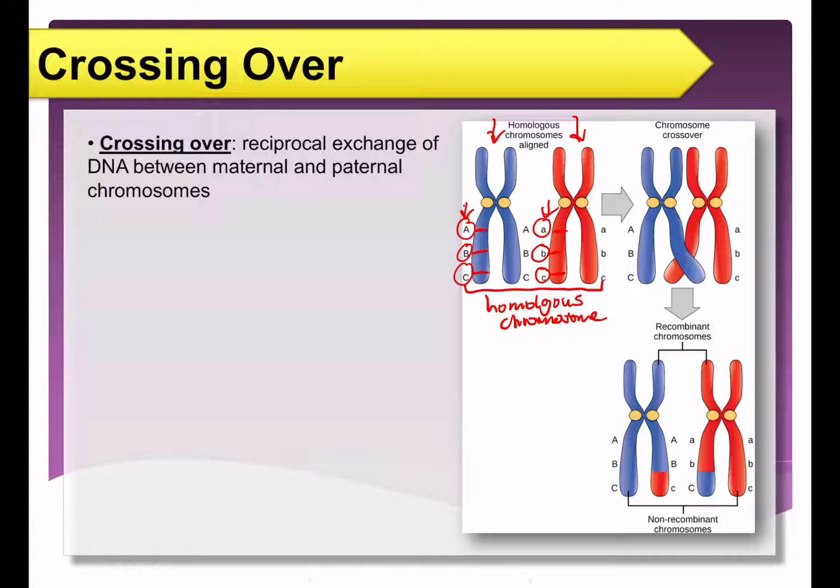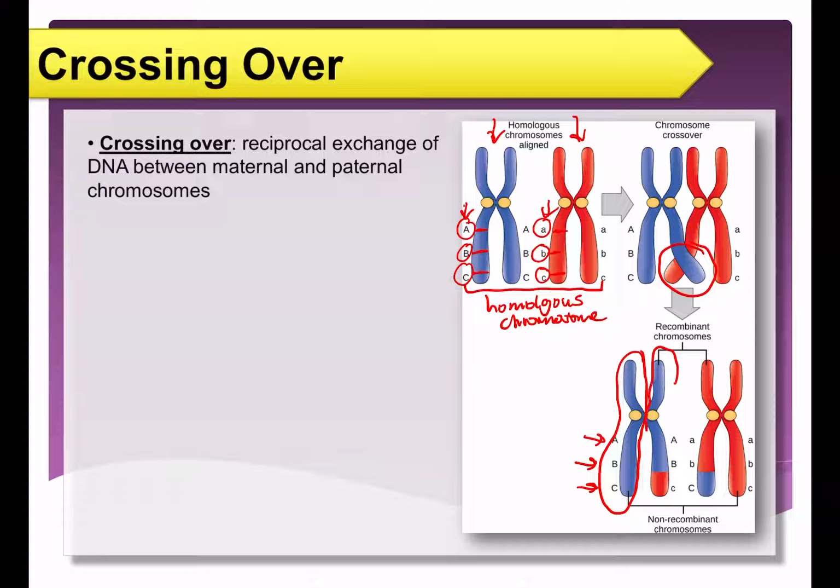So now, when we're trying to form gametes that will be passed on to the next generation, to your children, you will swap DNA between the two legs of homologous chromosomes so that you will have one chromosome that will have gene big A, big B, big C, okay?